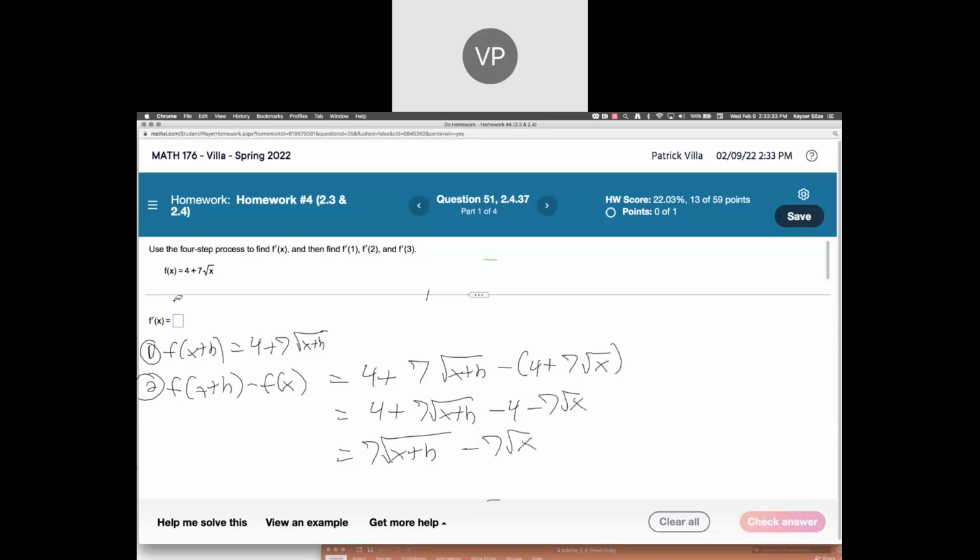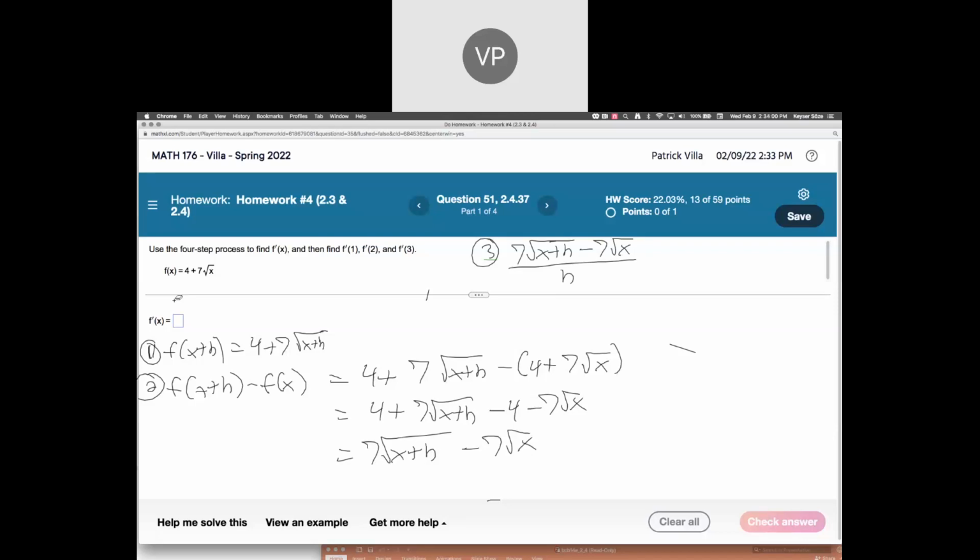Okay. Step 3 now is where it gets kind of interesting, to say the least. Step 3 is where you're going to take everything we just found and plug that in over an h. Now the problem we had earlier was we were able to cancel the h no problem because of the way things worked out.